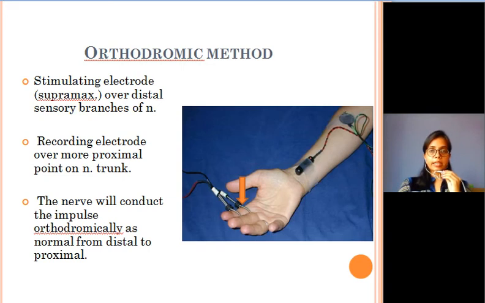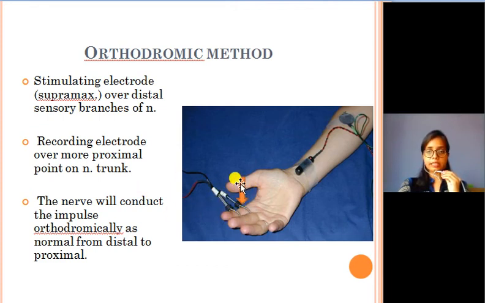Then for sensory nerves, we have two methods of stimulation. The first is orthodromic. As we have discussed earlier, the orthodromic method of stimulation is in the physiological direction. The stimulating electrode is placed over the distal sensory branches.